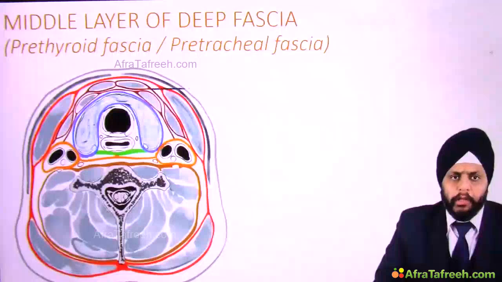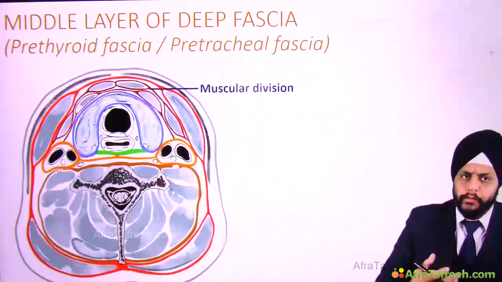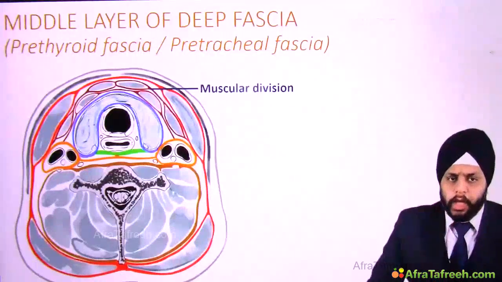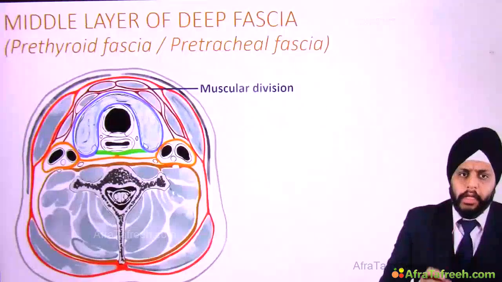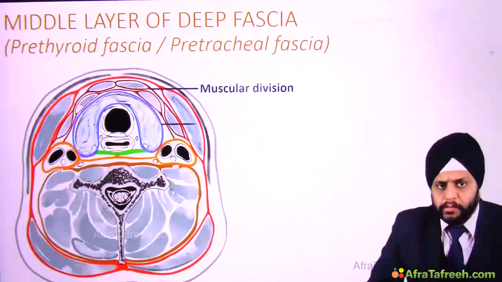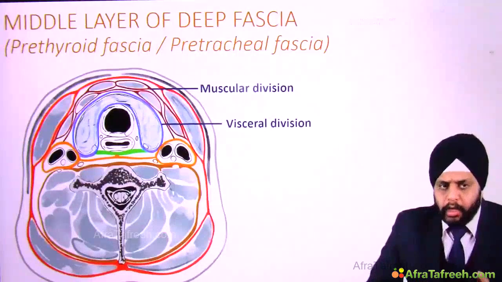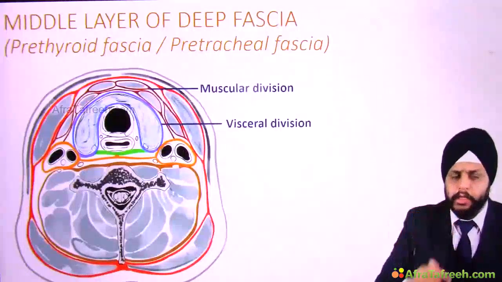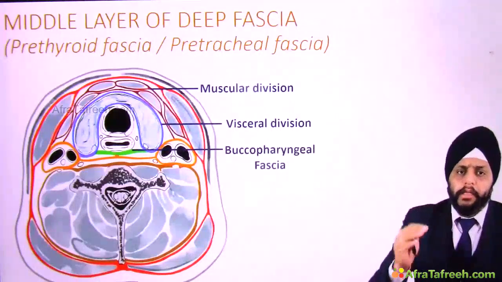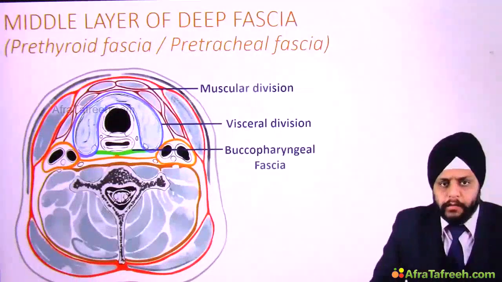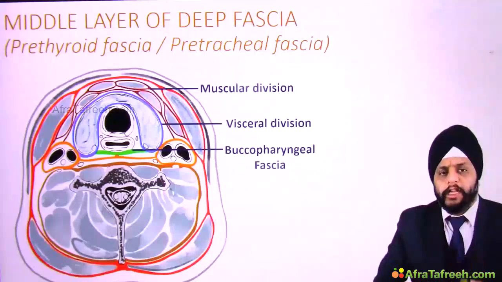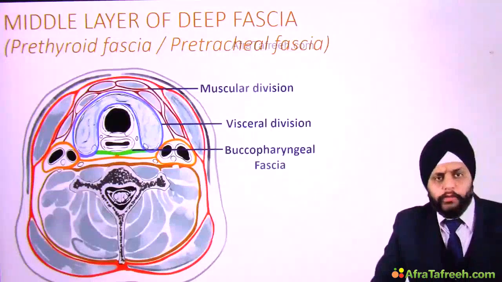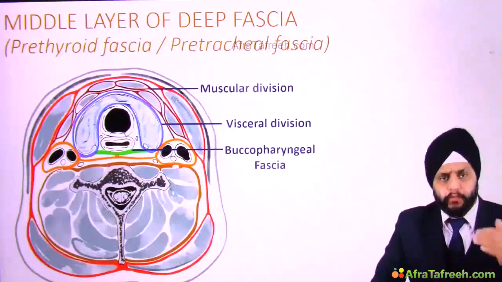Around the strap muscles we have the muscular division, and around the thyroid, not just thyroid but trachea and esophagus or pharynx also, that blue color is the visceral layer. You can see the demarcated fascia in the posterior aspect of the esophagus or pharynx, in green, known as buccopharyngeal fascia. Clear? So that was your middle layer of deep cervical fascia.